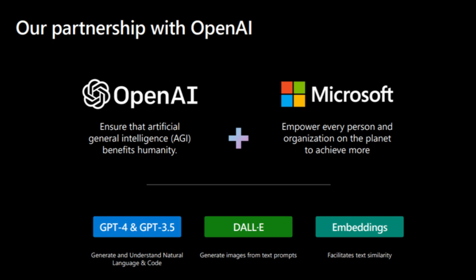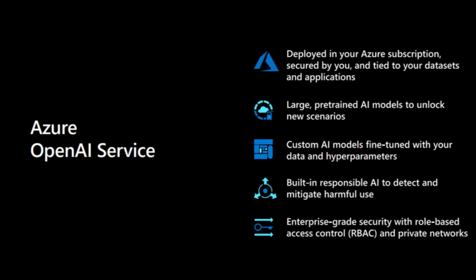So if you as an organization want to start using it in a private setting where your data doesn't go outside of your Azure organization, then this is the solution for you. Azure OpenAI Service is deployed in your Azure subscription. You put all of your security around it, or we can help you do that, and we tie it to your data and your applications.